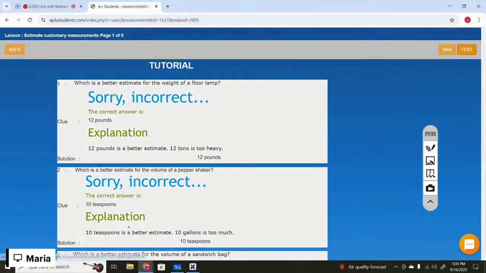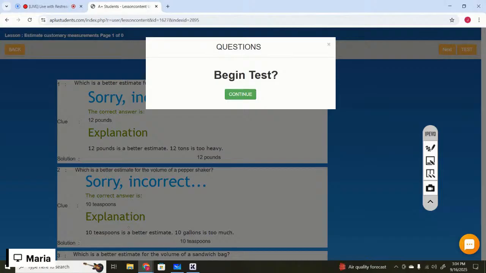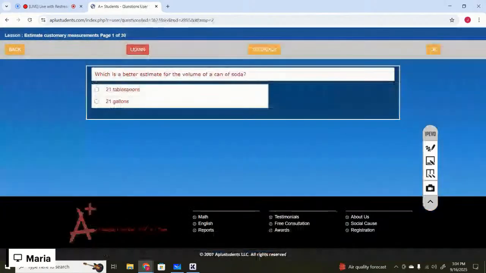Let's just start with the test questions. Which is a better estimate for the volume of a can of soda?